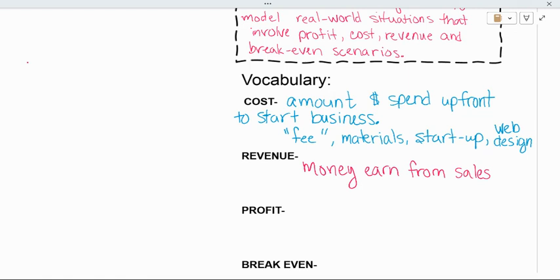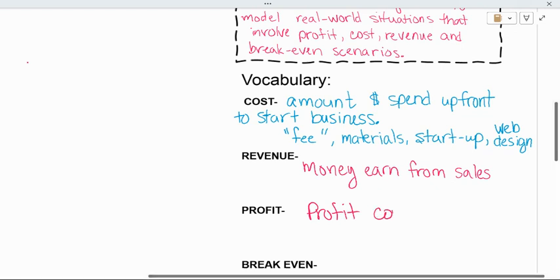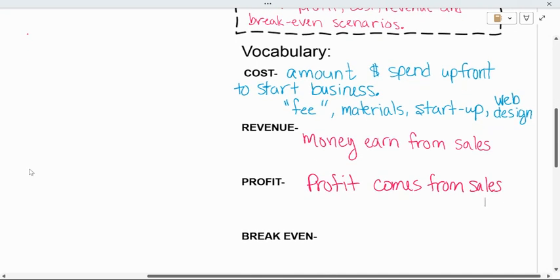Isaac, what do you think it means to make a profit? What does that look like? You gain money from your sales after you do what? After you pay for your upfront costs. That's awesome. So your profit comes from your sales after you pay your costs.